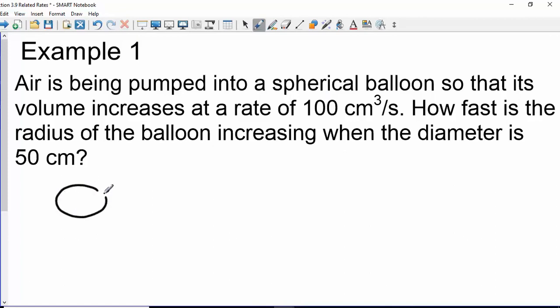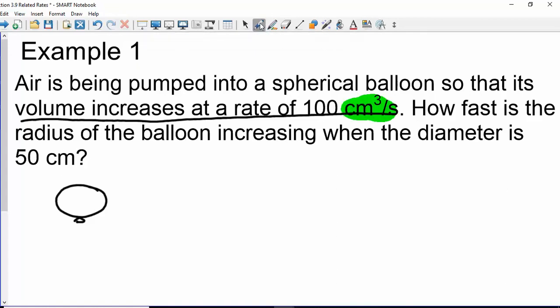So we've got this nice circular balloon here. And what's happening is we are blowing it up, so it's getting bigger and bigger as time goes on. Volume increases at a rate of 100 cubic centimeters per second.